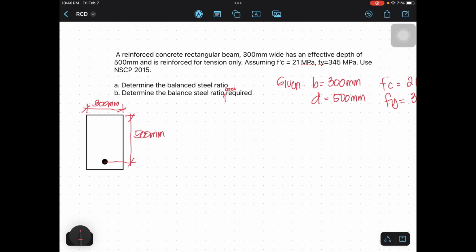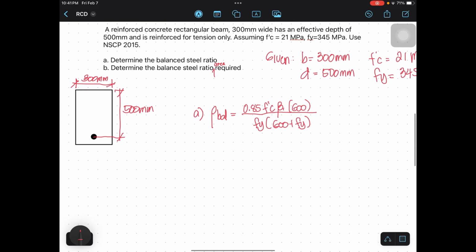So, letter A, yung rho balanced natin or the balanced steel ratio is meron siyang formula na 0.85 f'c beta 1 factor multiplied by 600 over fy quantity 600 plus fy. Yun yung ating formula for balanced steel ratio.